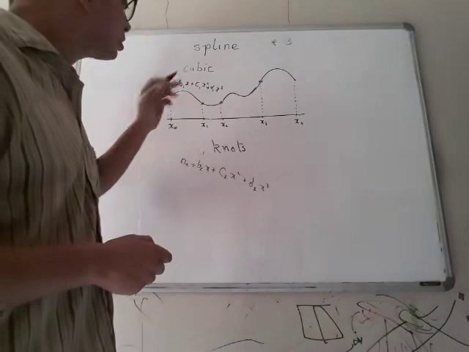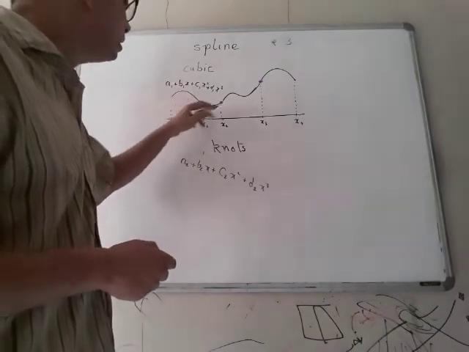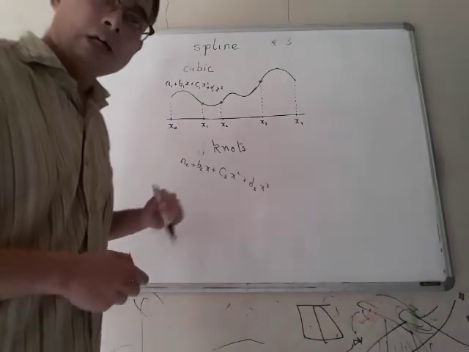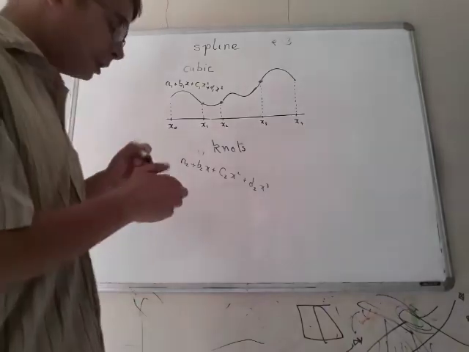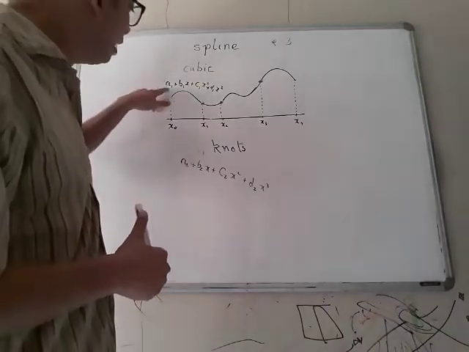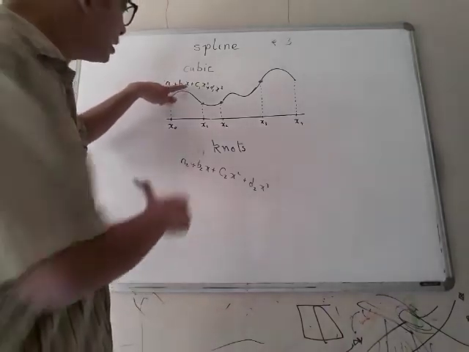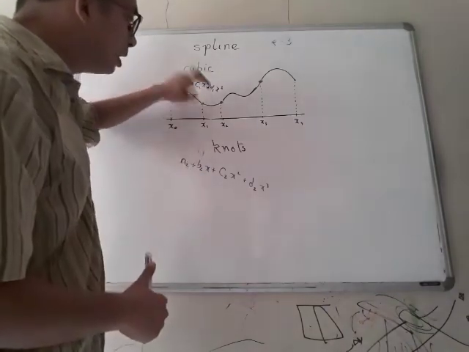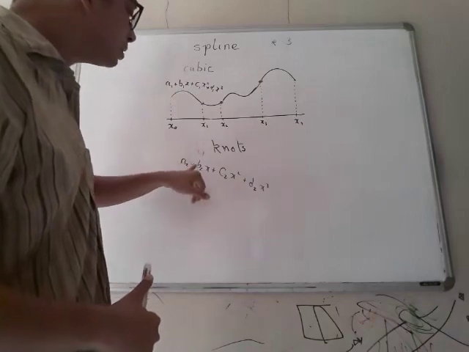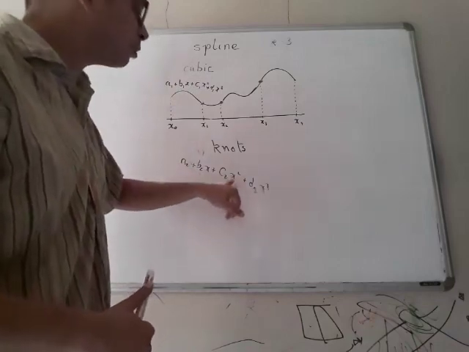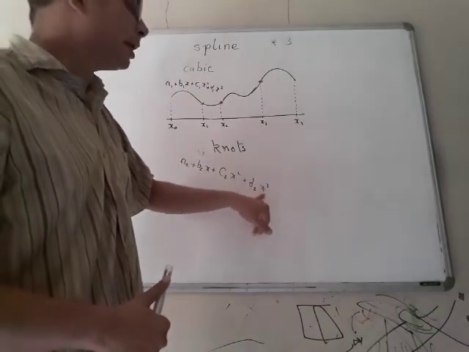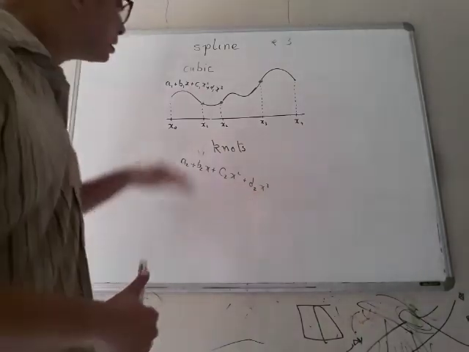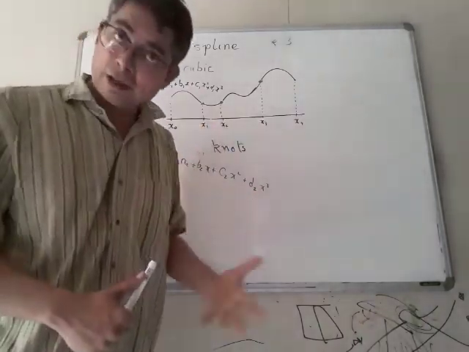So if I put this condition that this and this must have the same value here to ensure continuity, you can see that the condition will be a1 plus b1x1 plus c1x1 square plus d1x1 cube must match a2 plus b2x1 plus c2x1 square plus d2x1 cube. Now remember that the xi's are already given to us.